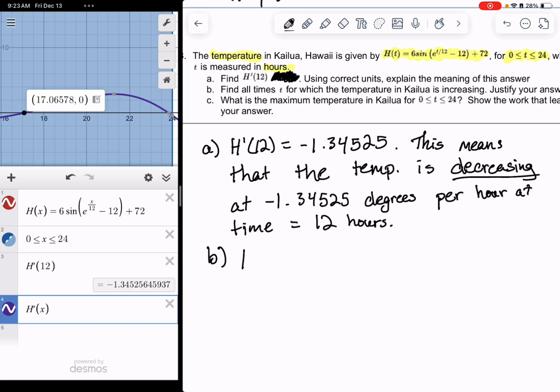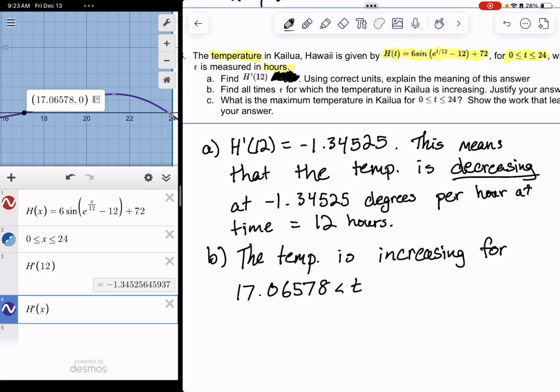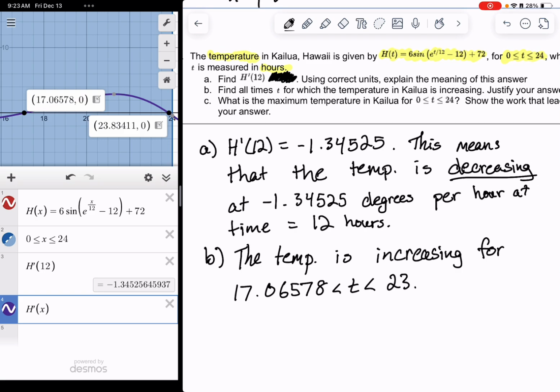We can say the temperature is increasing for, now we have our range, 17.06578 is less than t is less than, then our next dot is this one, 23.83411, because the derivative, so h prime of t, is positive or greater than 0.